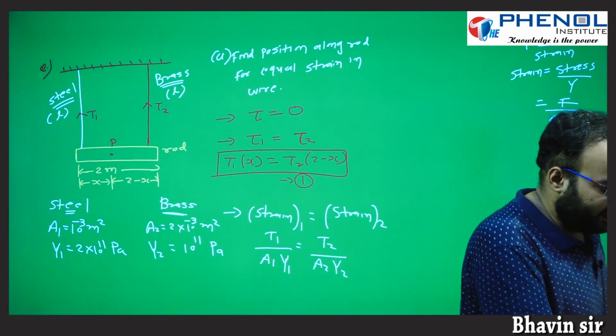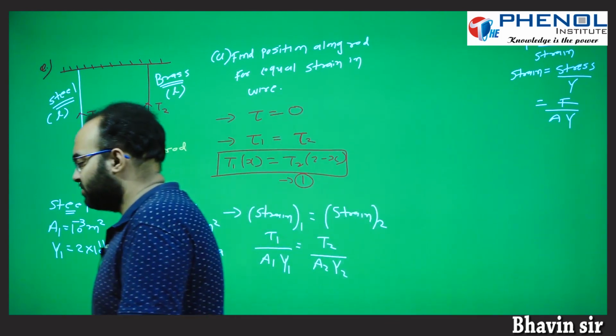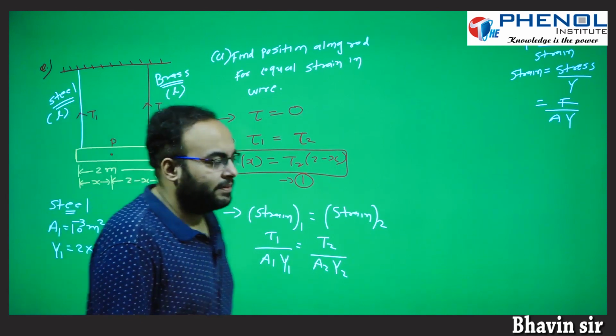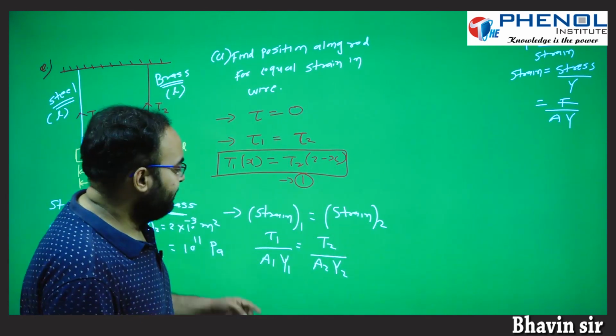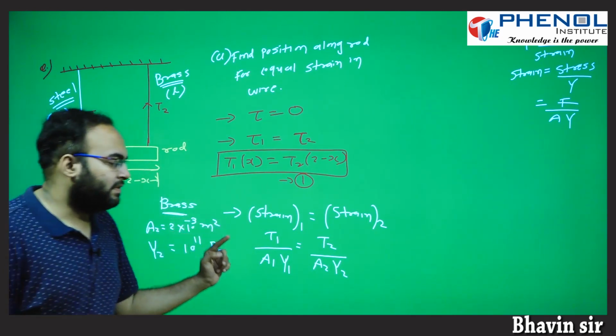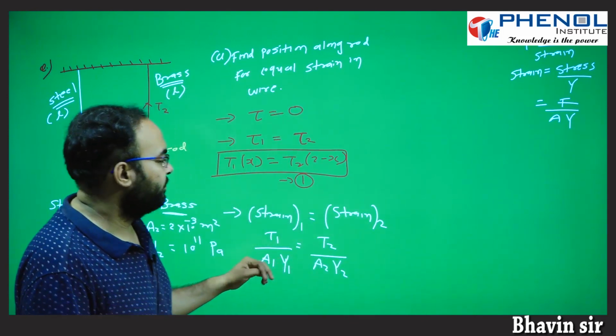So what is the Young modulus? Stress by strain. So strain is equal to stress upon Young modulus. Stress means force by area. Here force is a tension force. So T1 A1 by Y1, T2 A2 by Y2. Chalo.